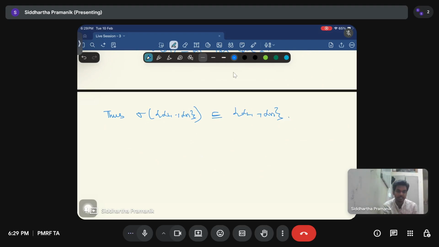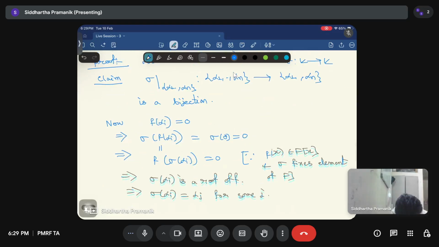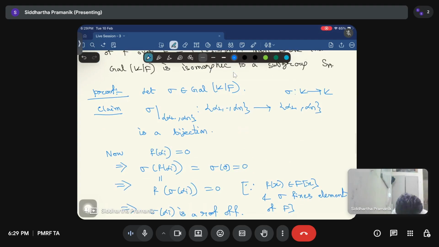But sigma is injective on this set, and this is a finite set. So since sigma is one-one, this subset has to be an equality. So this map is a bijection. So this proves our claim.